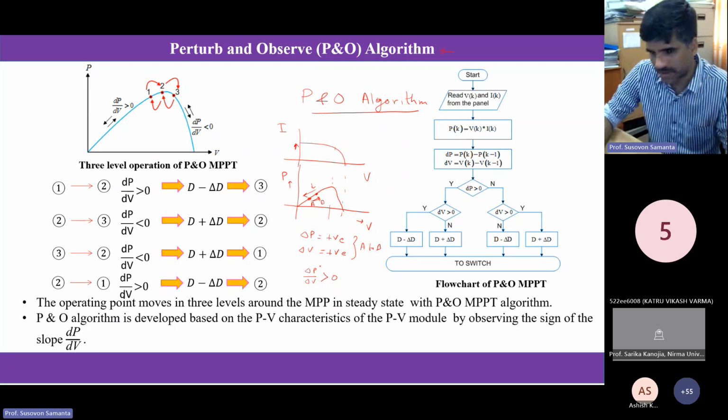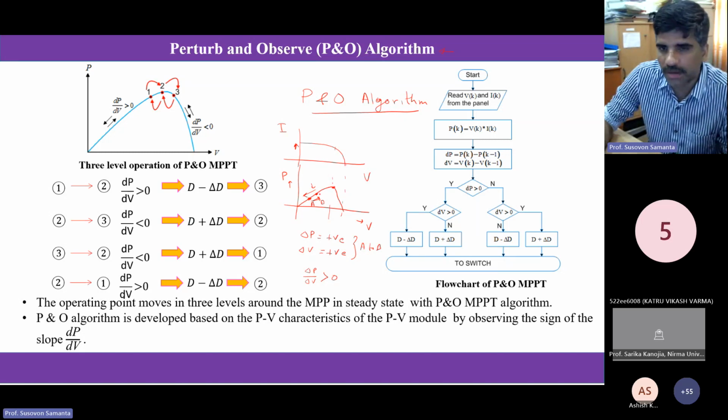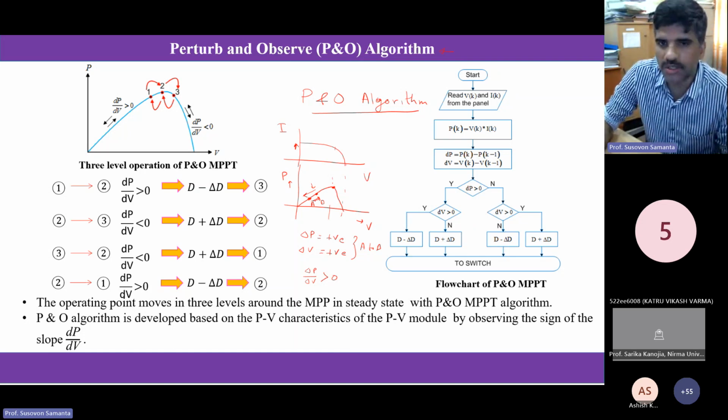So what does it say? It means that this is my MPP point, and I am moving in the right direction, so I should continue to move in that direction. Continuing in that direction means I should increase my panel voltage. If I increase my panel voltage, then maybe I will reach here.